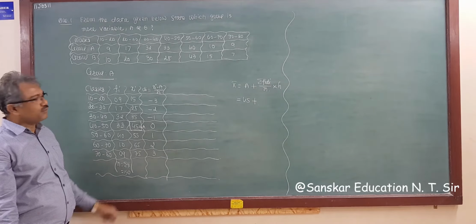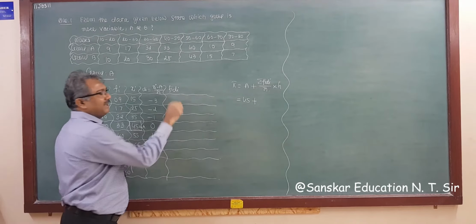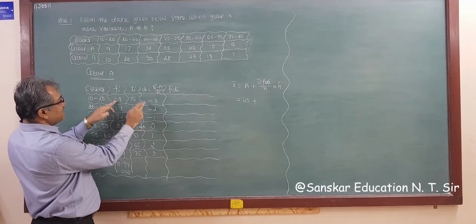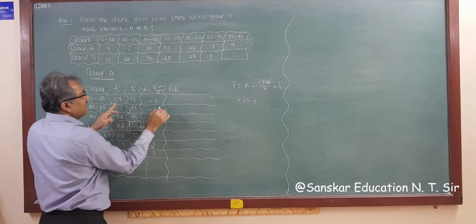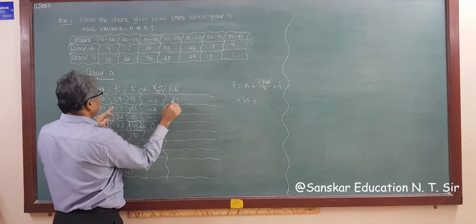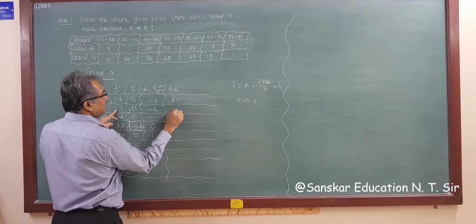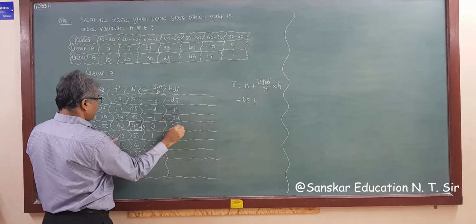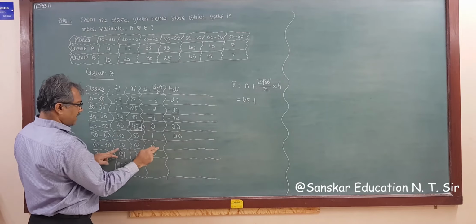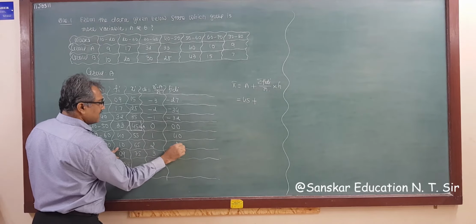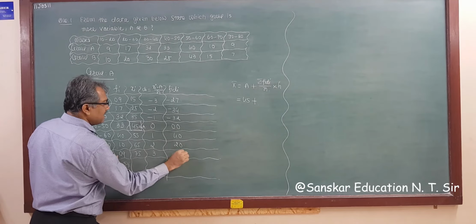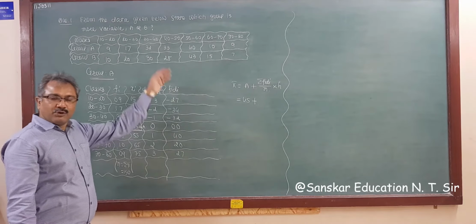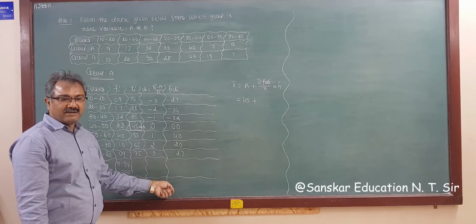Now we require Fi Di, so multiply Fi with Di. So this is minus 27, minus 27, minus 34, minus 32, this is 0, this is 40. Concentrate here. This is 20 and this is 27. Now you can write and sum this.